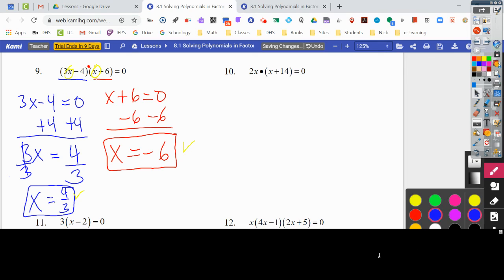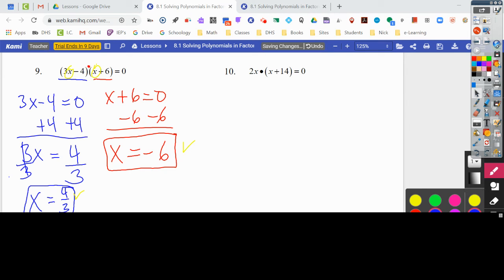All right, let's look at example number 10 here. We got a couple more. In example 10, it says 2x times x plus 14 is equal to 0. Again, I have two different products that are being multiplied that are both polynomials. My first one here is just a monomial, or 2x, so I'm going to say that 2x is equal to 0.